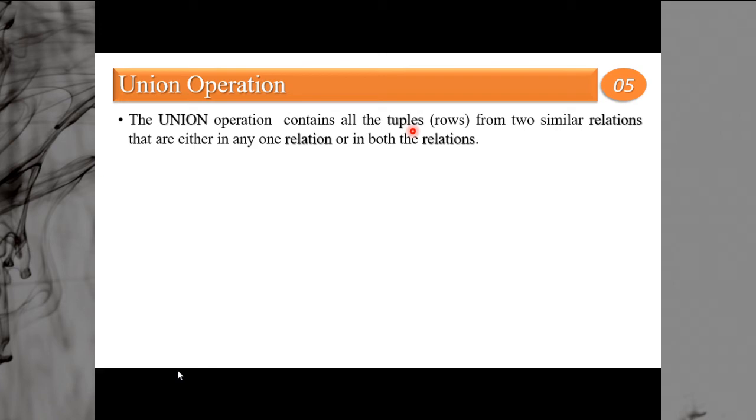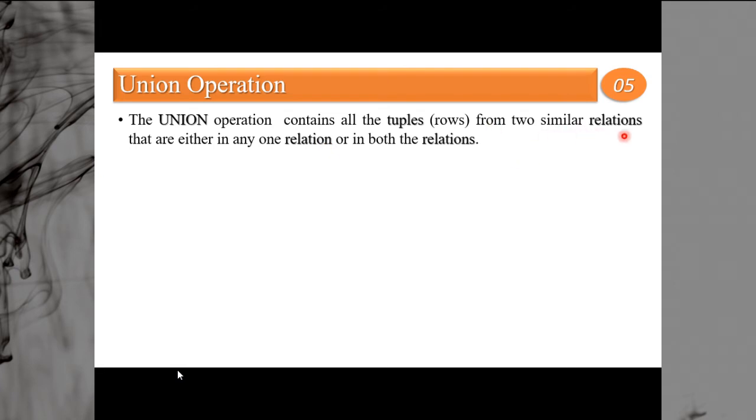Union operation contains all the tuples from two similar relations. This is very important. Similar relations means the two relations which are being unionized should have the same number of attributes and the same data type also. Data type is also important. If in the first relation the first column is integer, in the second relation also the first column should be integer. Their names may differ, but their data type, number of columns and order of the columns should be the same in both the relations.